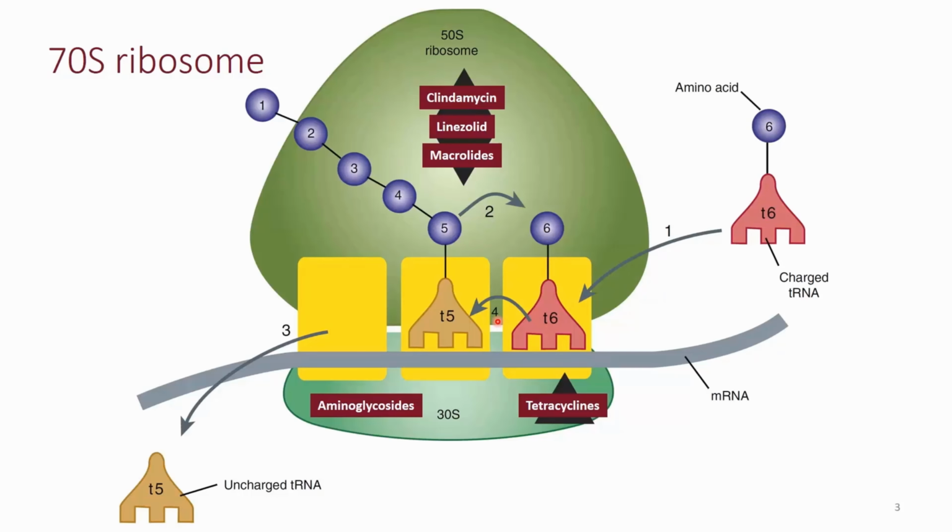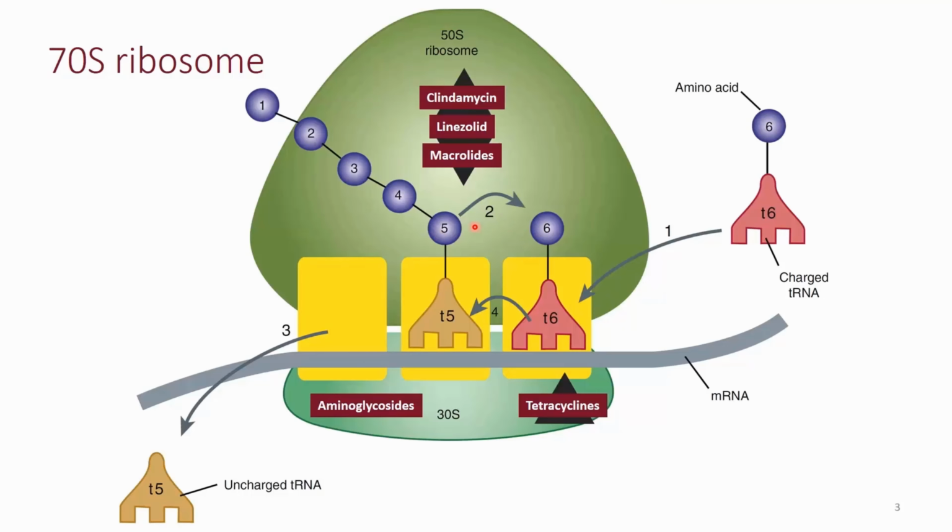Generally speaking, translation consists of initiation, elongation, and termination steps. Some of the antibiotics that are important to know are clindamycin, linezolid, and macrolides, all of which bind to the 50S ribosome, and they block the peptide bond formation between the different amino acids.